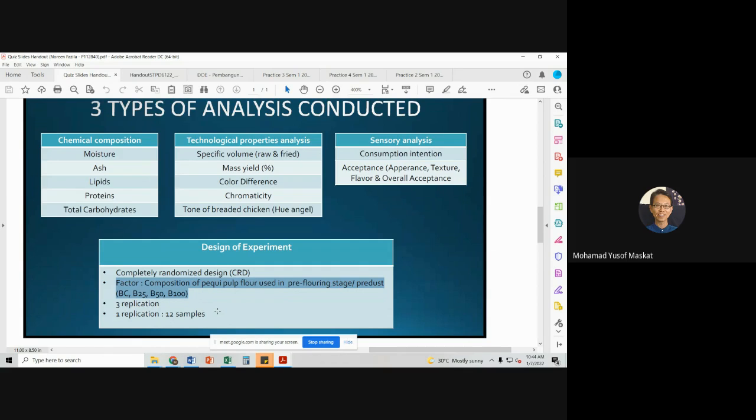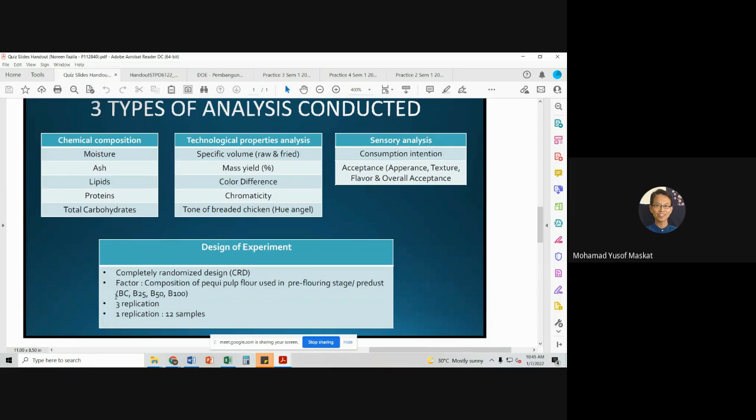So how many replications? We have 3 replications. And in this case, we have subsamples. For each replication, for each treatment, they are using 3 subsamples.